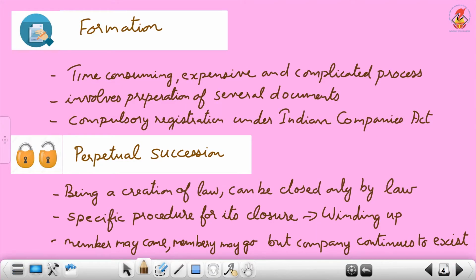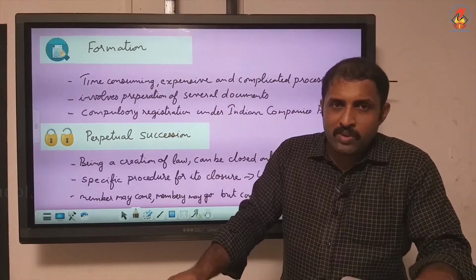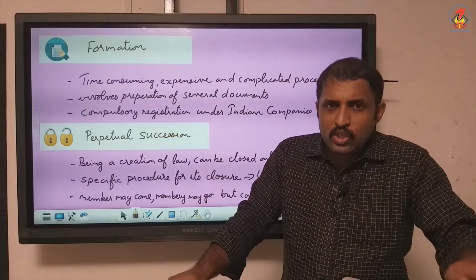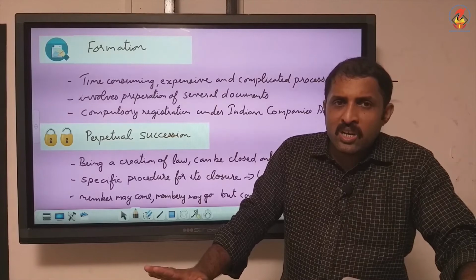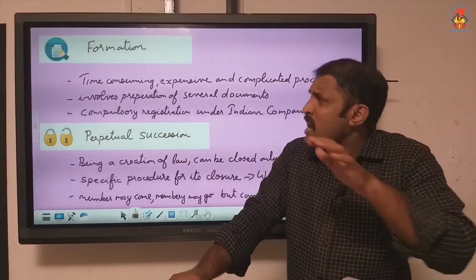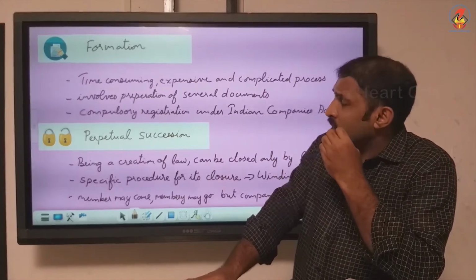Formation. As you have seen, it is to be compulsorily registered under the Companies Act of 2013. Earlier it was the Companies Act of 1956. So it is compulsorily registered under the Indian Companies Act, and it is a time-consuming, expensive, and complicated process.